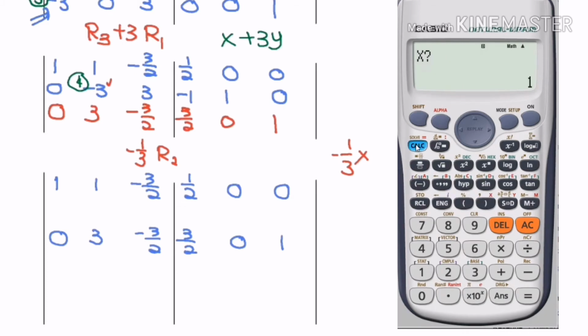Press the button calculate. Okay, so we have to key in the whole row one by one. If we substitute 0, automatically we will have 0. If we substitute 1 over 3, I'm sure we will have 1. If we substitute 3, okay, we will have negative 1.